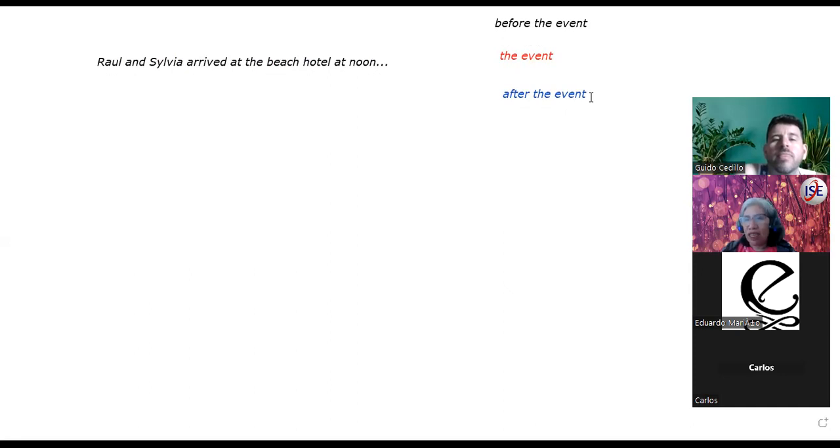On their second day there, it started to rain and they were unhappy because they went to the beach to have sun, to relax, and it was raining. They had to stay in the hotel, and the rain became so huge that the hotel flooded, se inundó el hotel. So it depends on what you decide. And then what happened after the flood, in the case that the event is that the hotel flooded. Okay. Right? Good.